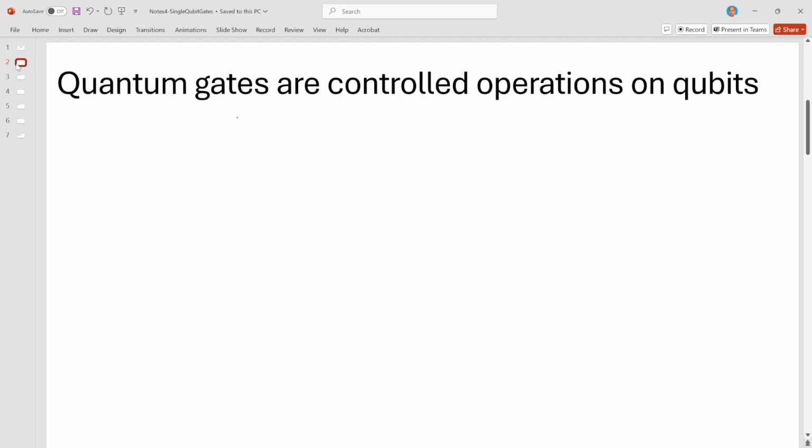These quantum gates are nothing but controlled operations on qubits, and these operations and their physical implementation depend on the type of computer.